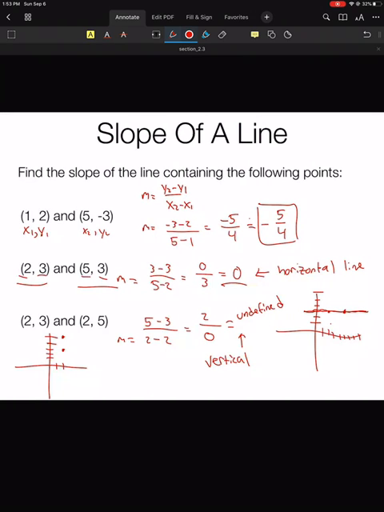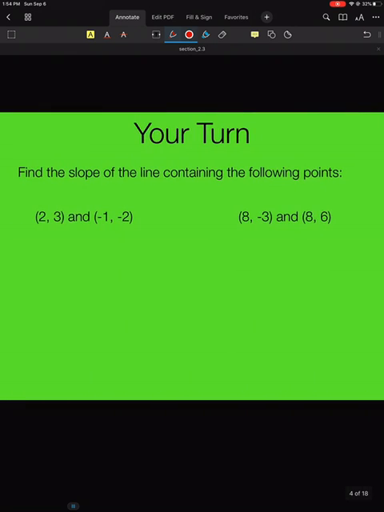The line that goes through those 2 points is a vertical line. The slope is undefined. So there are 3 different examples. A slope can be positive, which we don't see here, negative, first example, 0, second example, or undefined, third example.